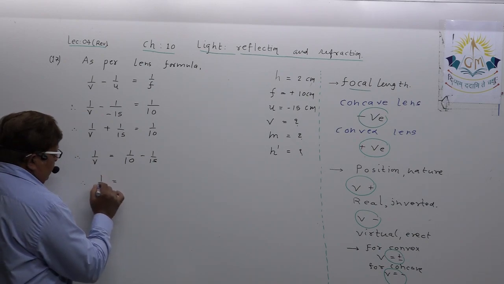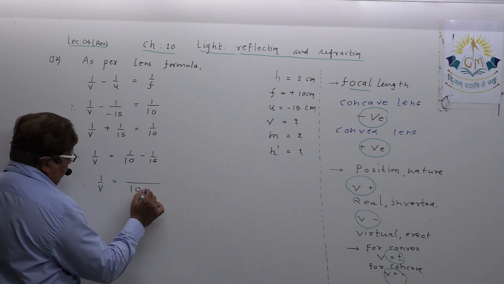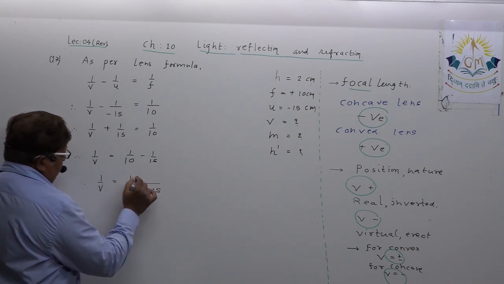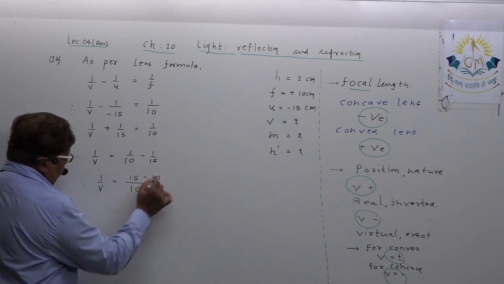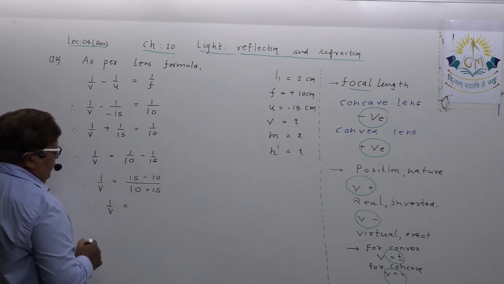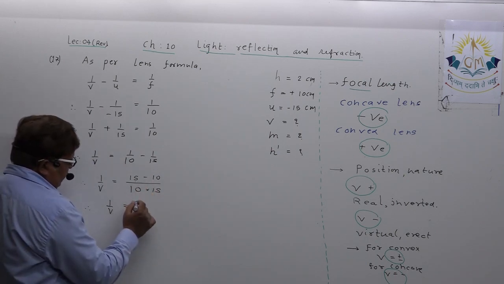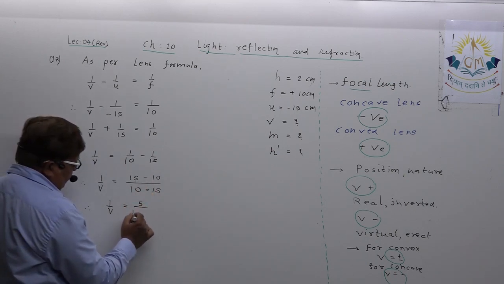So here it's a simple question of taking the LCM. 1 upon V equals 15 minus 10, which is 5 upon 10 into 15.